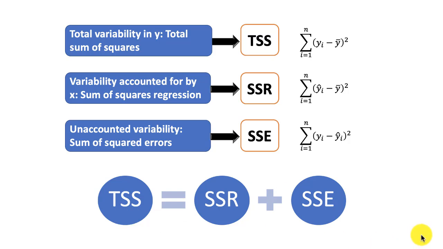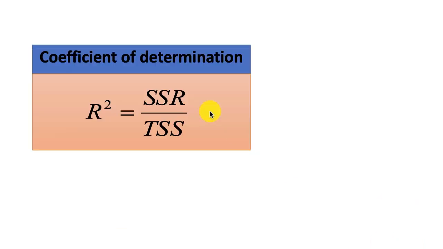This property always holds, and therefore if you find that this is the amount of variation that the regression explains, and this is the total amount of variation to be explained, this ratio tells you what proportion of the total variability is explained by the regression. In other words, the regression is able to explain, let's say, 70% of the total variability in prices.